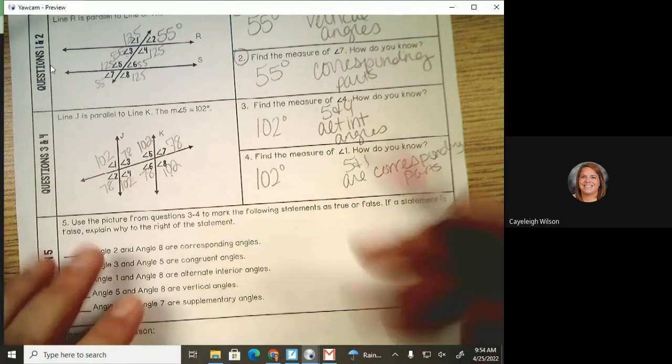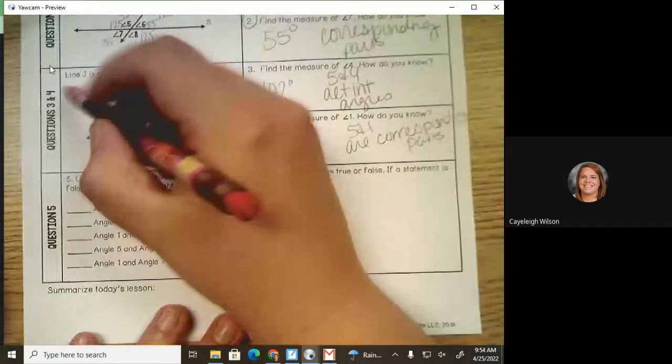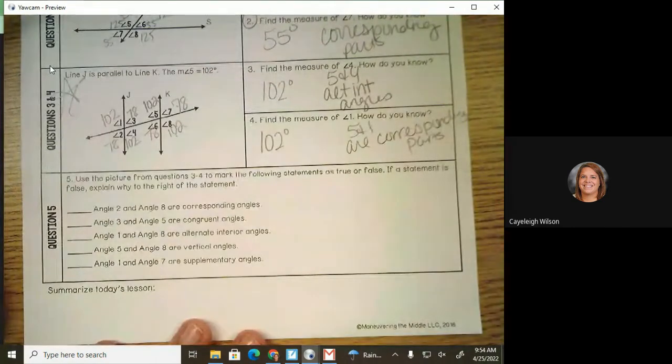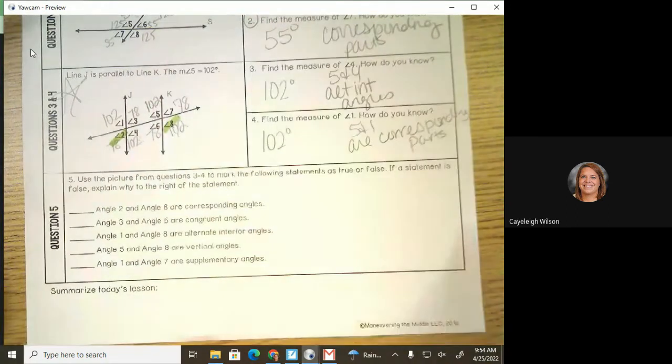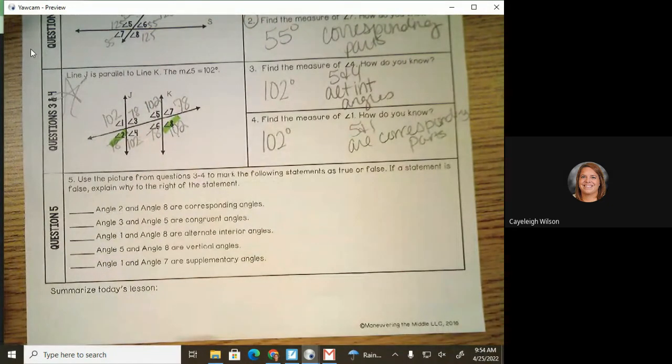All right. So it says that you're supposed to refer back to this problem right here. So here's angle 2. Angle 2 and angle 8, they say are corresponding angles. That means they're in the same spot. Are those in the same spot?